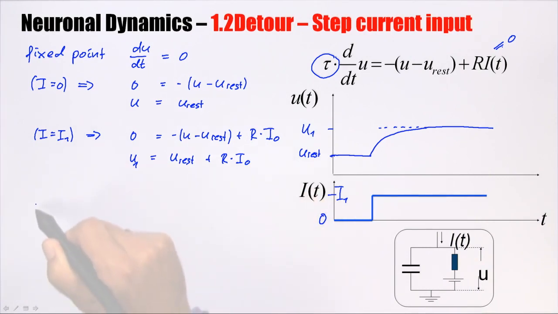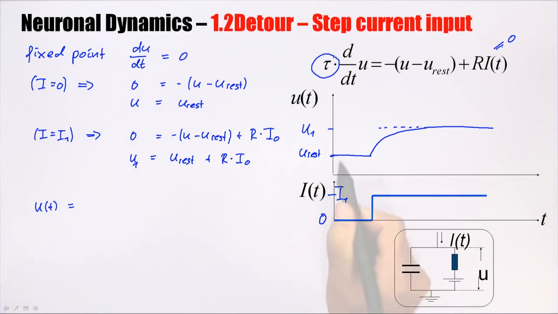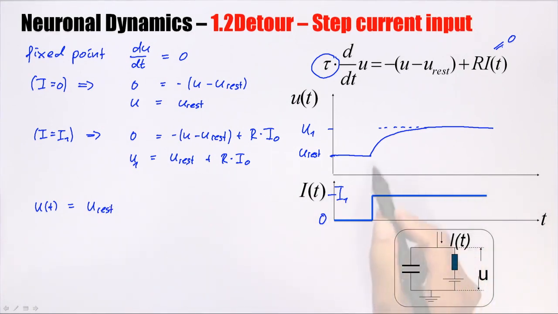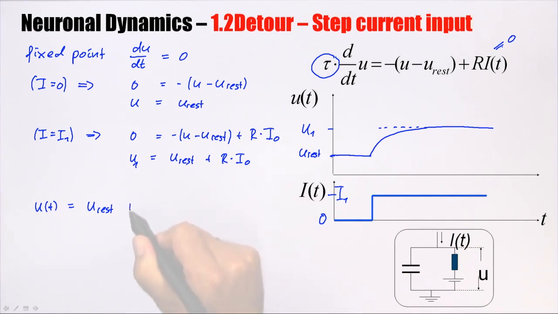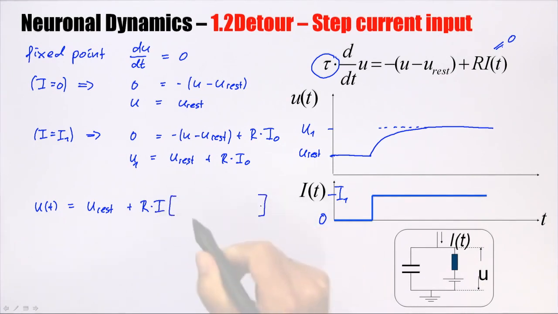So we know that before the switch in this regime, u is equal to u rest. Afterwards, it has a new value u1, which is u rest plus r times I0. The new value will not be approached immediately, but exponentially.